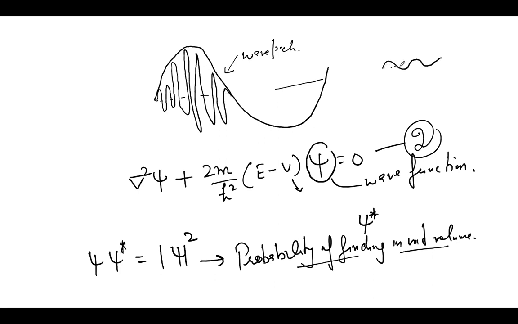It means that the particle, which is acting with wave nature at that instant of time, can be anywhere within this wave packet, so the probability of finding the particle is very large if the amplitude of this wave packet is very small.